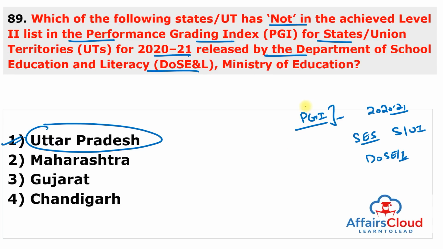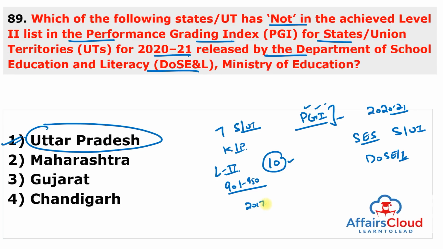This index categorized states and union territories into 10 categories, and in 2020-21, 7 states and union territories like Kerala, Punjab, Chandigarh, Maharashtra, Gujarat, Rajasthan and Andhra Pradesh achieved level 2, with a score of 901 to 950, compared to none in 2017-18 and 4 in 2019-20.